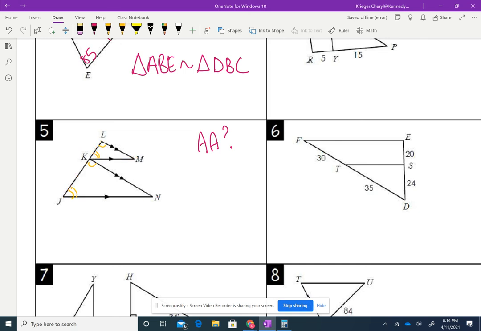Okay, so that's not too bad. So that looks like angle, and then our third angle has to be the same, right? So this is yes. I'll say JKN is similar to KLM.